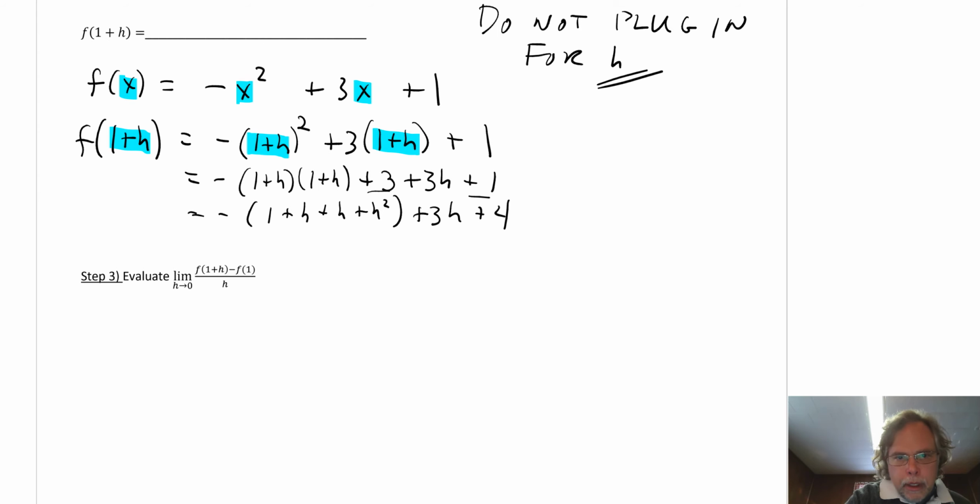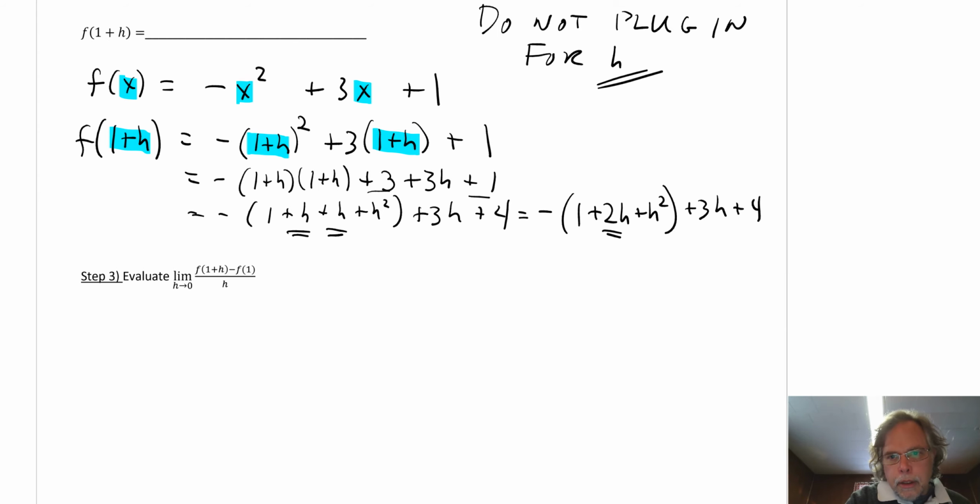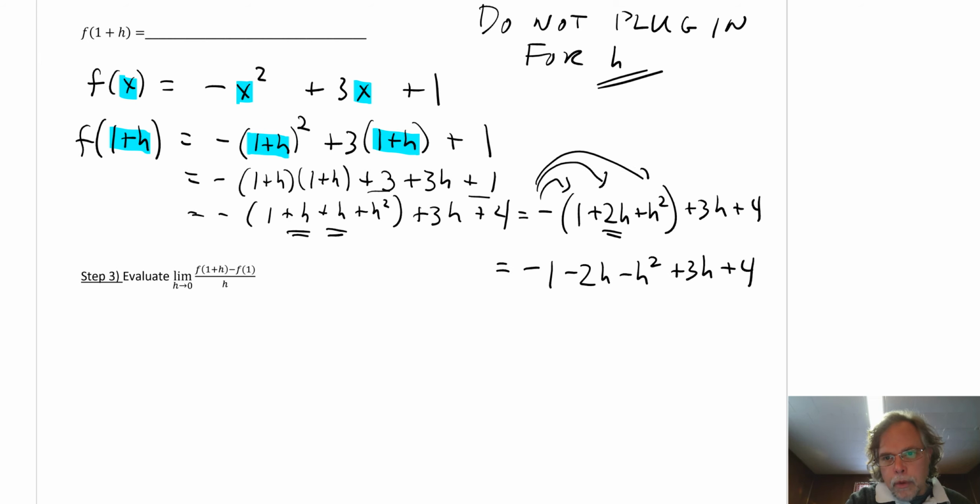And then this is equal to negative 1 plus 2h plus h squared plus 3h plus 4. 2h is h plus h. And then this is equal to negative 1 minus 2h minus h squared plus 3h plus 4, because we distribute the negative sign across.